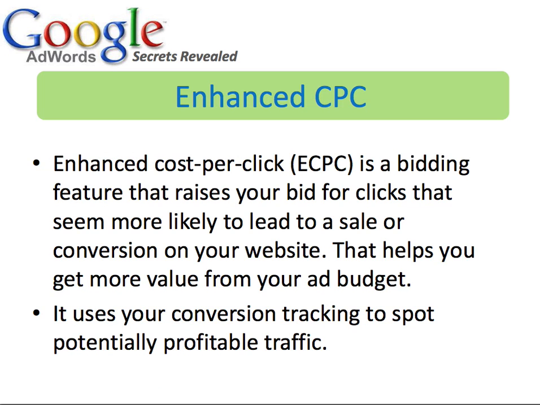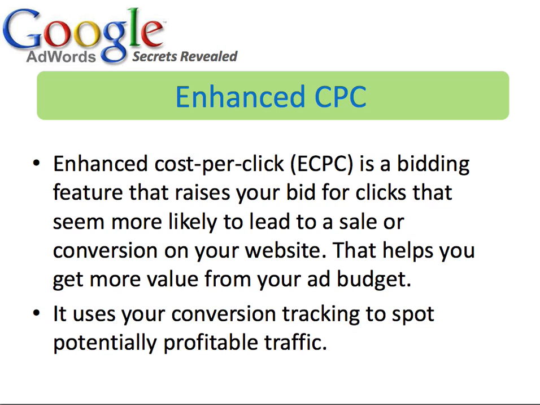And finally, we were talking before about the enhanced cost per click, and now we can look more in depth into it. The enhanced cost per click is a bidding feature that helps Google analyze your historical data, and based on this historical data and your conversion values, Google automatically increases the bid for all auctions that might get you a conversion.